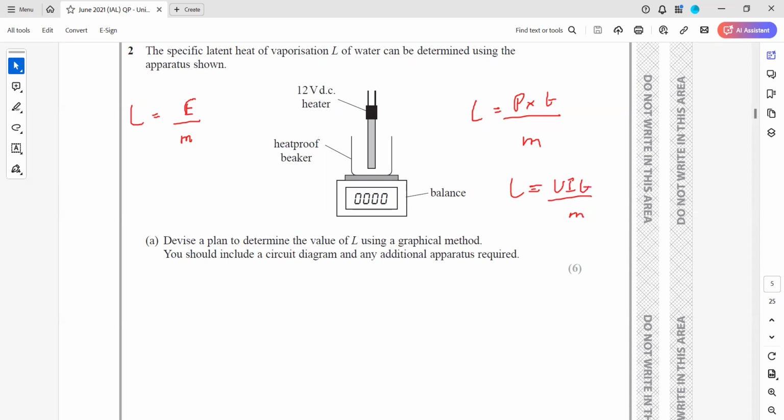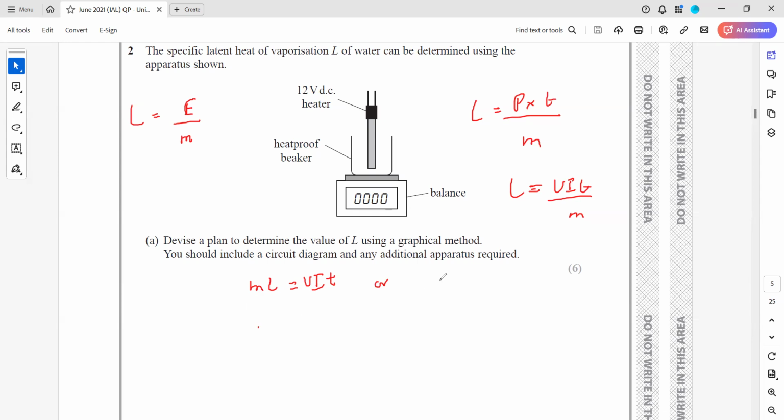And we have to use the graphical method, which means we have to select two variables that will change, and we work out the latent heat using a gradient. So if we rearrange this equation, it will be mL equals VIt.